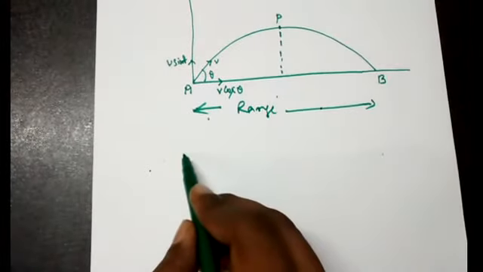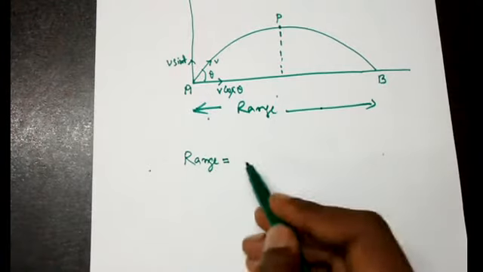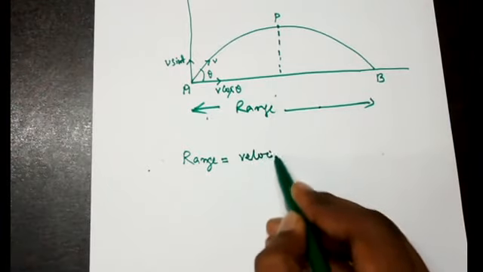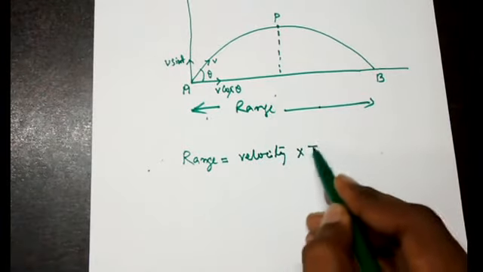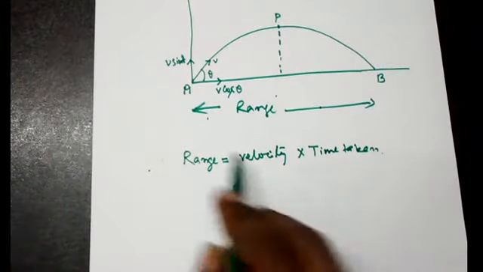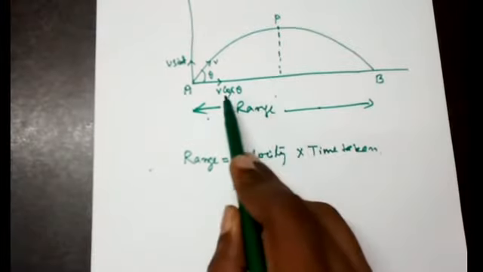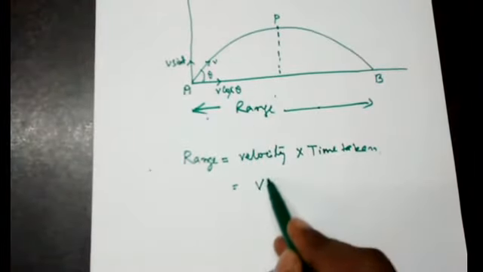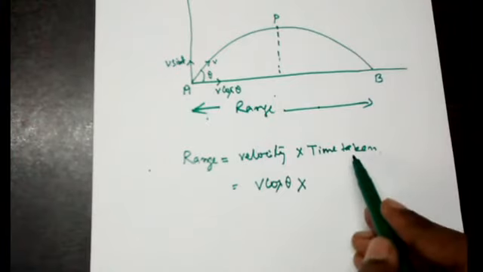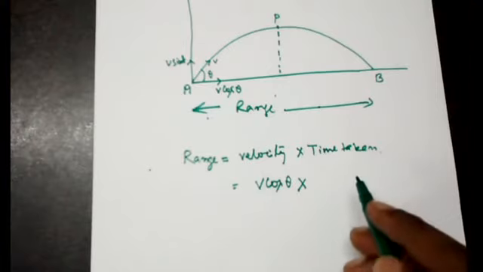So range is also a distance, a displacement, and this must be equal to velocity into time taken. Now the velocity towards the right is v cos theta, so we use v cos theta, and the time taken will be equal to the total time of flight.